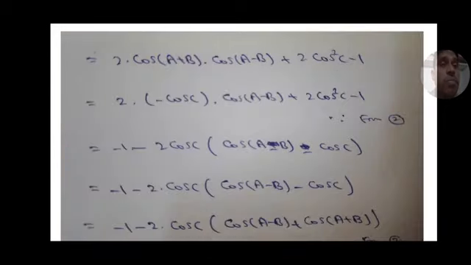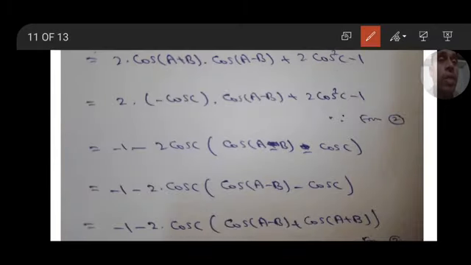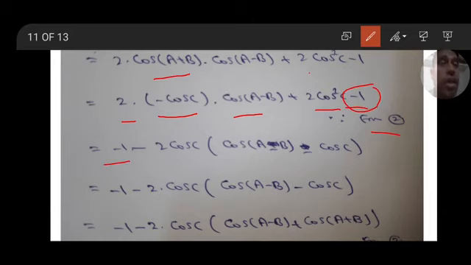So next step, 2 into cos of (a plus b), which is minus cos c from the second equation, cos of (a minus b) as it is, 2 cos square as it is, minus 1 as it is. I write this minus 1 first, and from the next part we get minus 2 cos c.